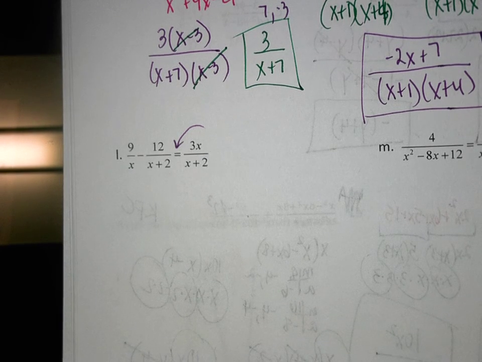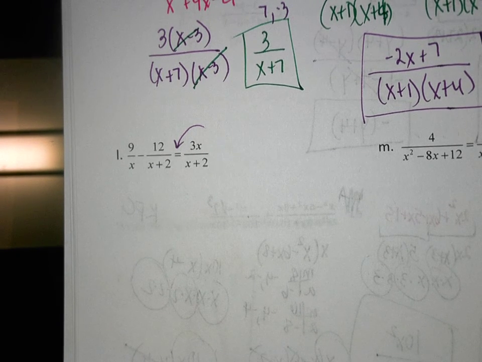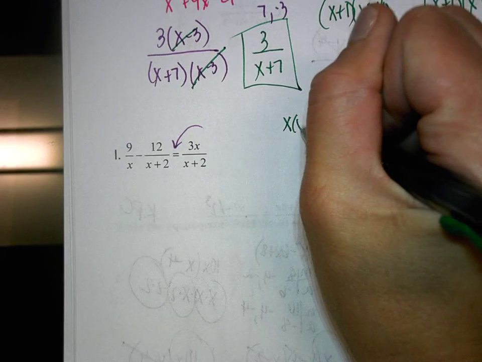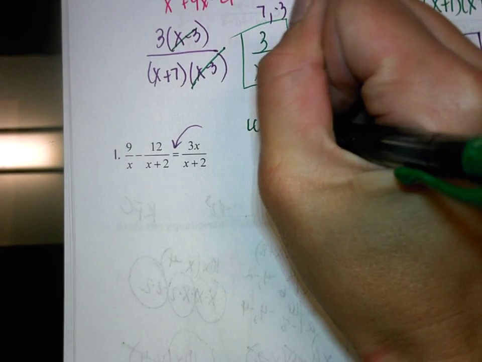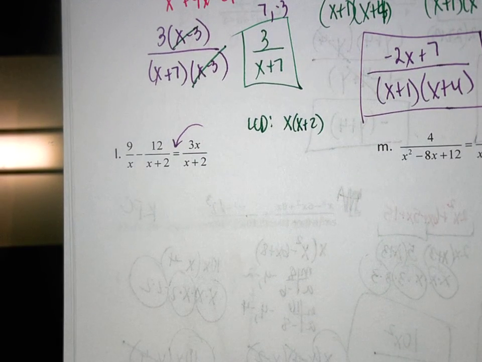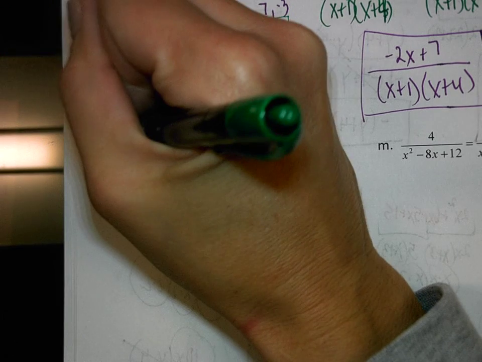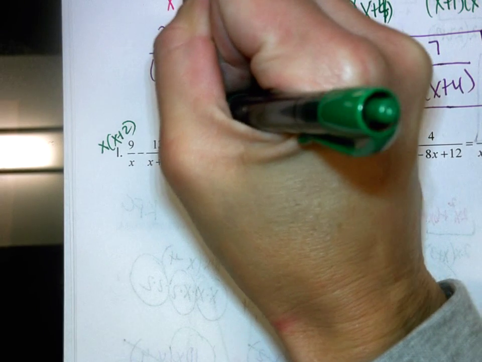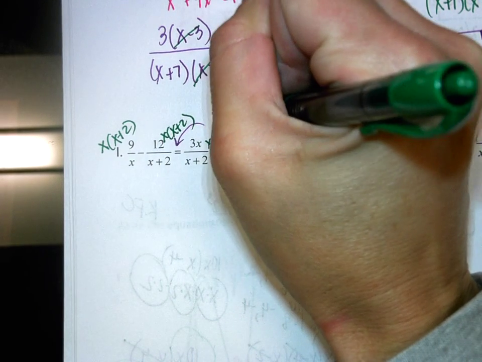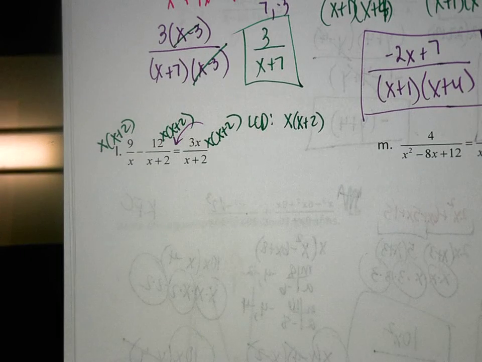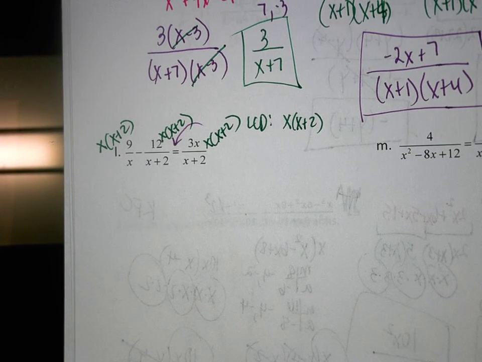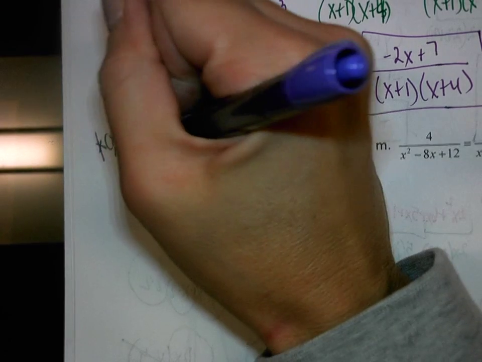Okay, so what is my LCD? X times x plus 2 is my LCD. Very good. So next to every term, I'm going to multiply x times x plus 2. On the first term, what happens? Very good. X's cancel out, and I'm not gonna multiply right now.